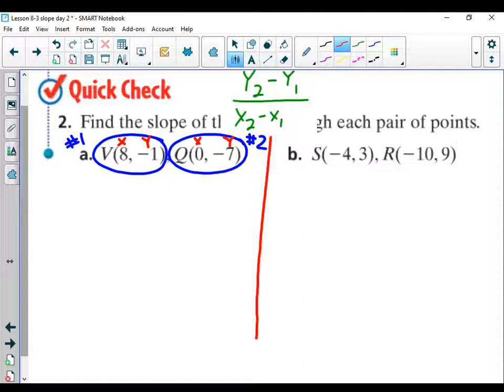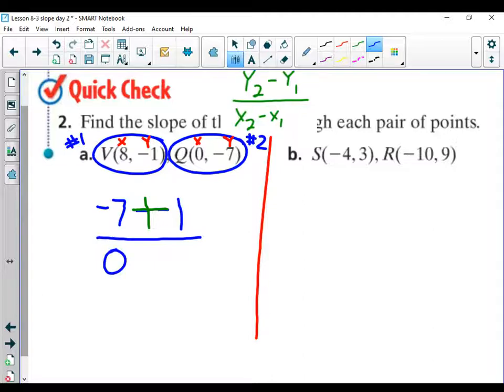So I need to find the Y number from group 2. Now I need to find the Y number from group 1. Now I need the X from group 2.